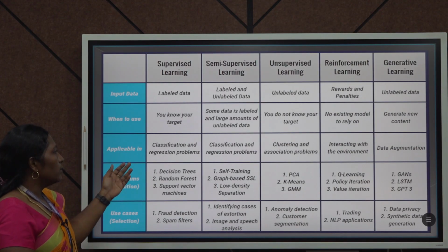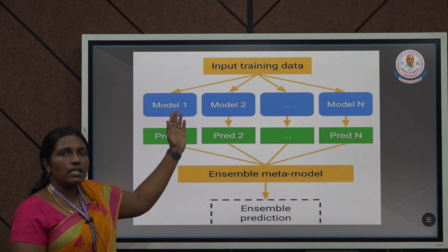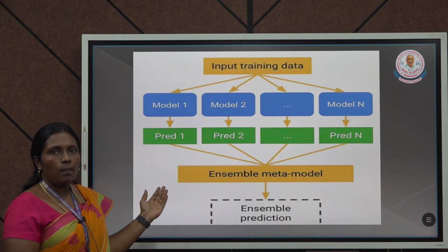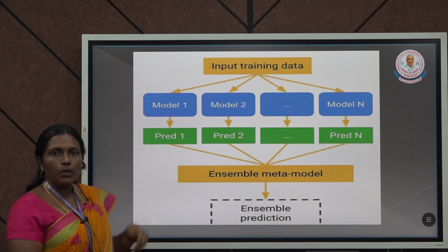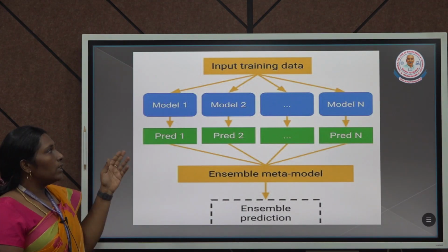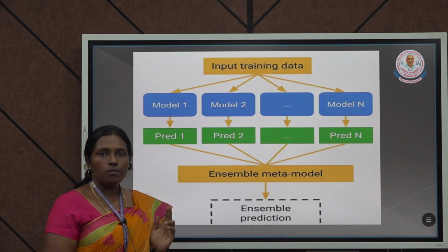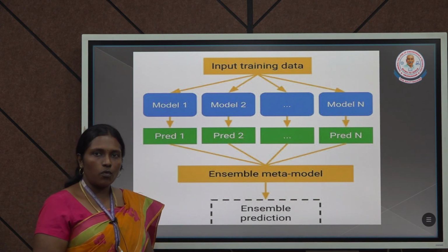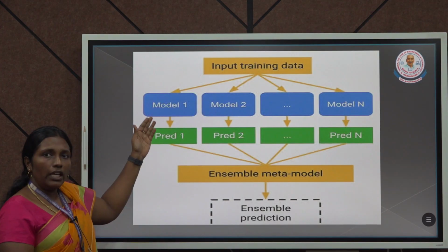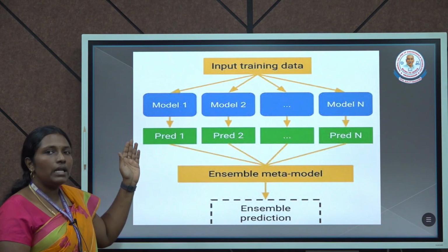This is a block diagram for ensemble learning. First we give the input training data, then we combine model 1, model 2 up to n number of models. We can combine n number of models here. From each model we get a predictive output.